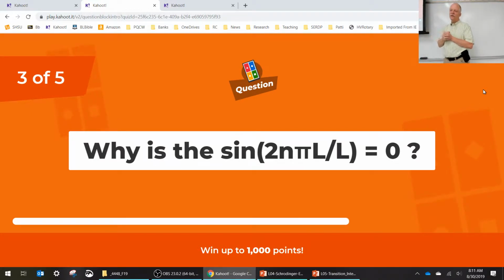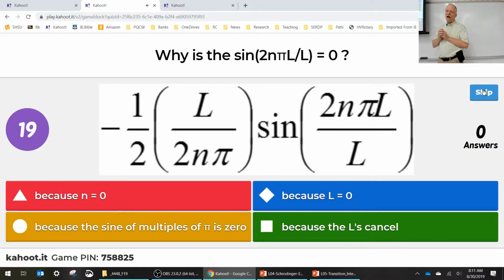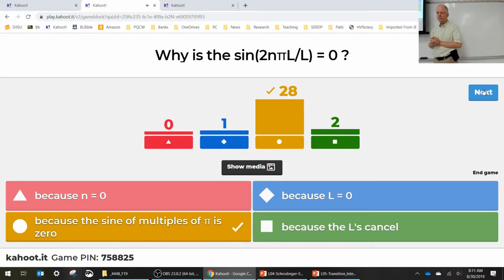Why is the sine of 2nπL over L 0? This is a useful skill in your lab. Nice. Those integer multiples of pi is 0.